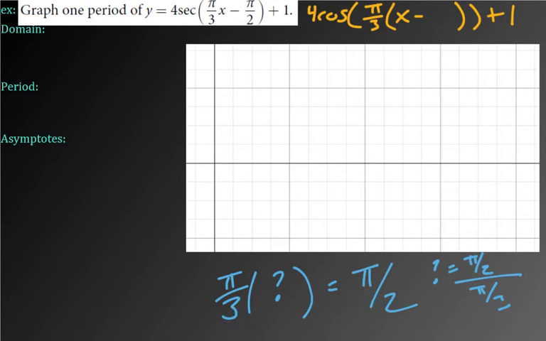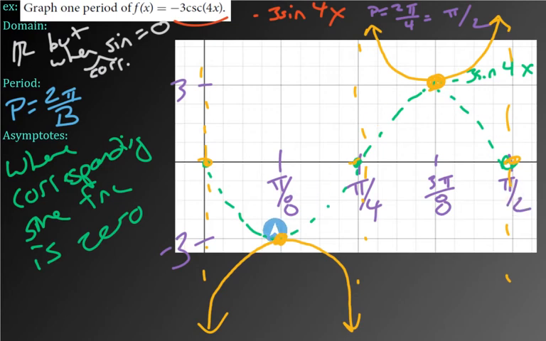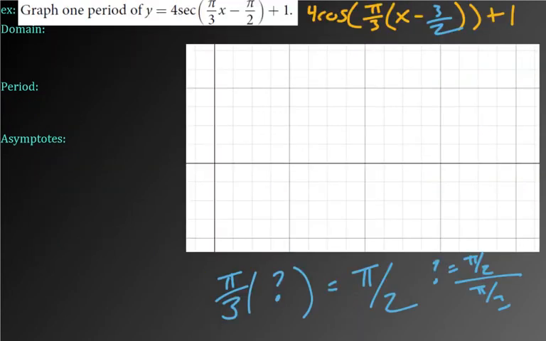And if you do that out, you'll see that that number in there has to be 3/2, right? So that is my corresponding cosine graph. And that is really what I'm going to graph first. And I'll do it dotted like this. And then I can get secant from that.